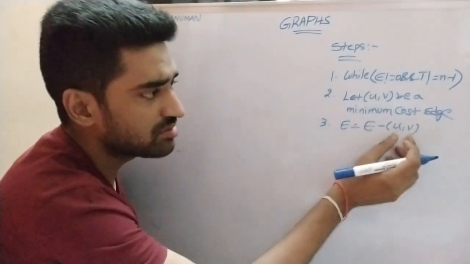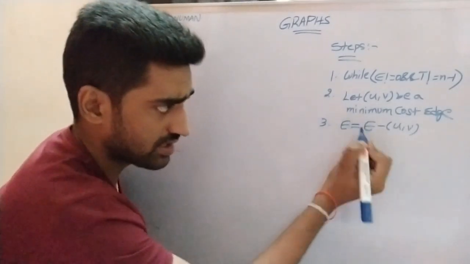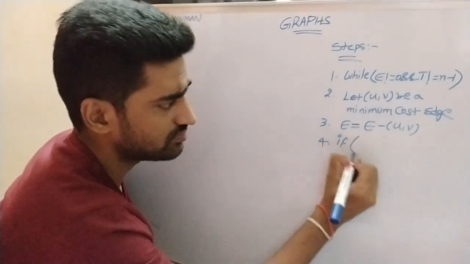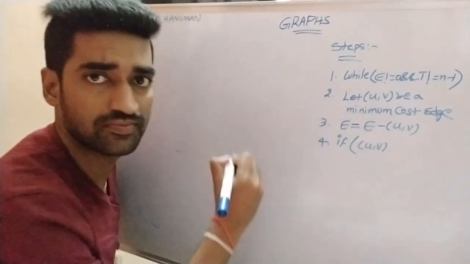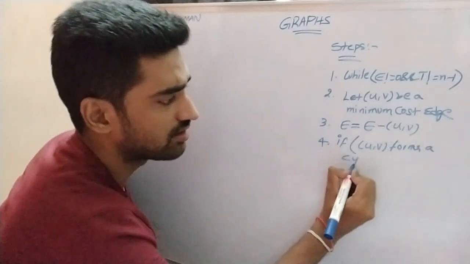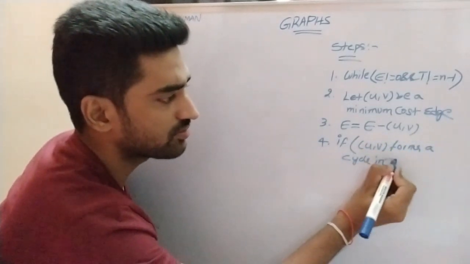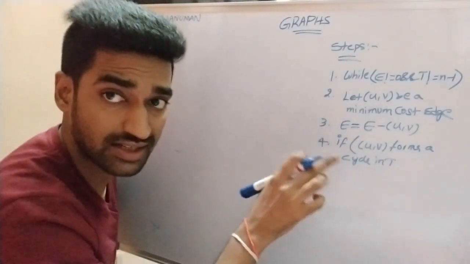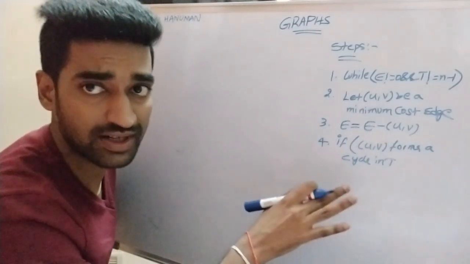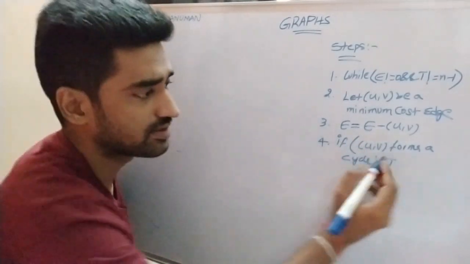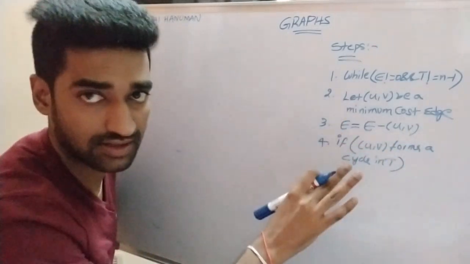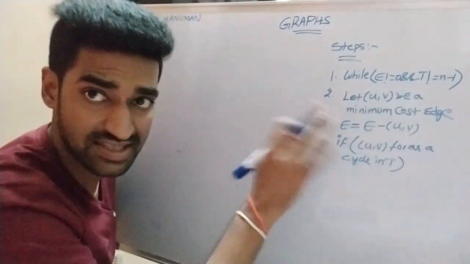After deletion of the minimum cost edge from the set of network edges, we check one more condition: if (u, v) forms a cycle in T. Why? Because a spanning tree does not contain any cycles, but it contains all the vertices. That is the rule for a minimum cost spanning tree or spanning tree. So we compulsorily check whether (u, v) forms a cycle in T or not. T is nothing but our output, so the output does not contain any cycle.